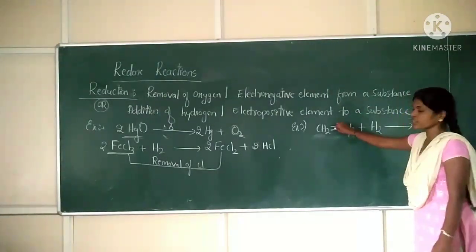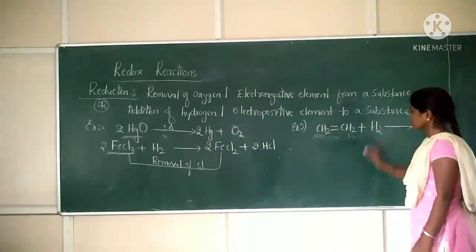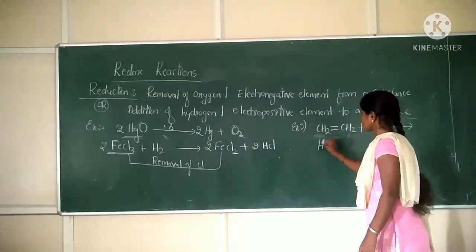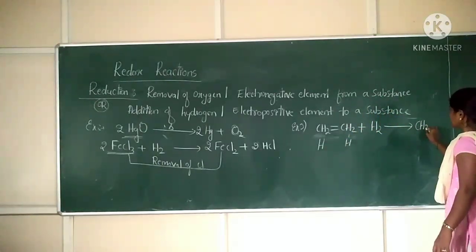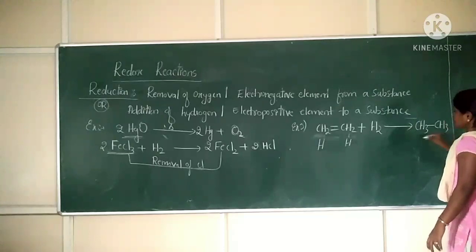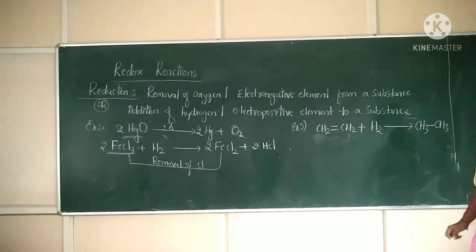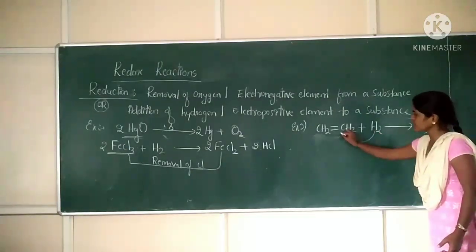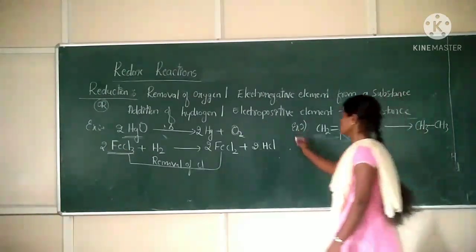Addition of hydrogen to a substance. So add one hydrogen to one carbon and another hydrogen to another carbon. What will be the product? CH3, CH3. So this is the third definition of reduction. Addition of hydrogen to a substance. Now take the fourth example.